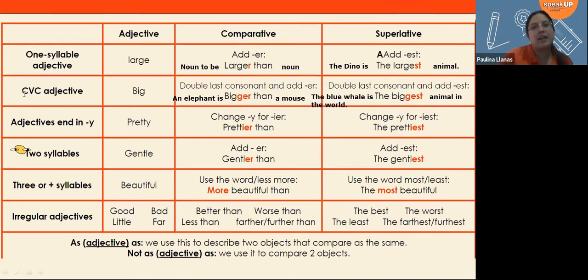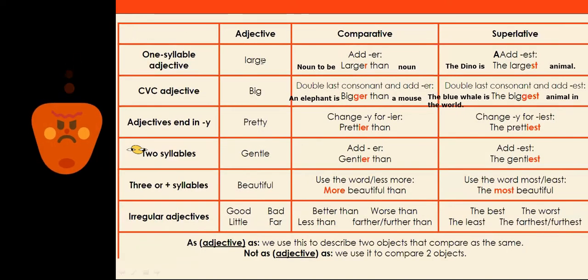Okay, so that is consonant, vowel, consonant adjectives. We double the last consonant and we add ER in comparative, EST in superlative. Now, when we have adjectives that end in Y, like pretty, happy, what else? Angry.